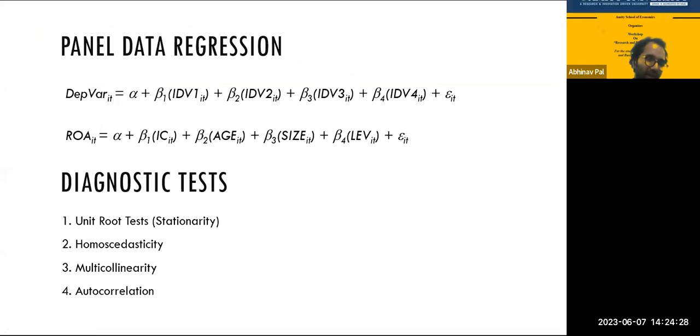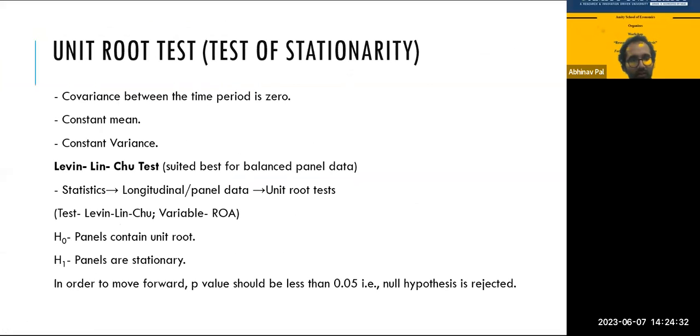Whenever you have time series data or a panel data, you check for these things, right? So what does the unit root test tell us? It checks for stationarity, that there's constant mean and there's constant variance, and the covariance between time periods is constant, right?